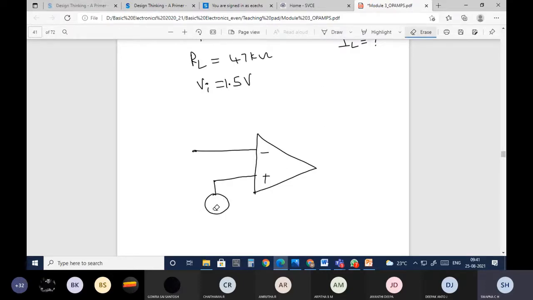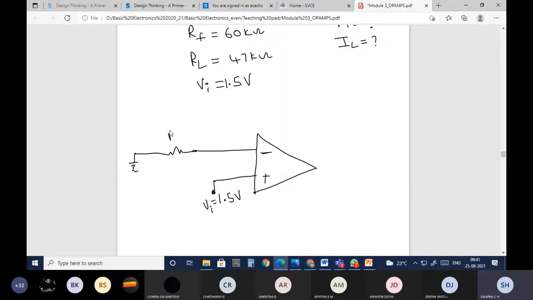He has given the input voltage VI as 1.5 volts. This is the circuit for the non-inverting amplifier. R1, which he has given as 10 kilo ohms, is grounded, and then he has given the feedback resistor.